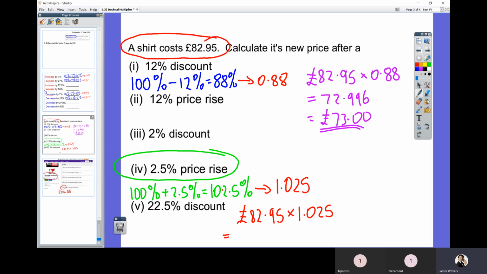What answer I should have had there was 85.02375. So just be careful when you're rounding it to 2 decimal places, because it's money. So we need to cut it off there, don't we? Now, do we round up? No, we don't. That 3 is less than 5. So our final answer to 2 decimal places would be 85.02.